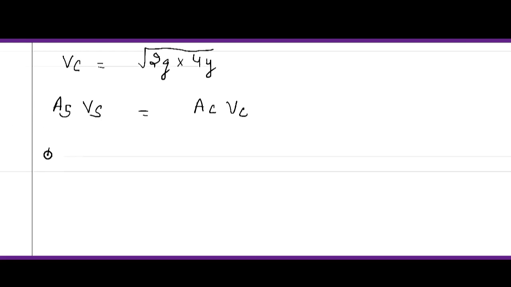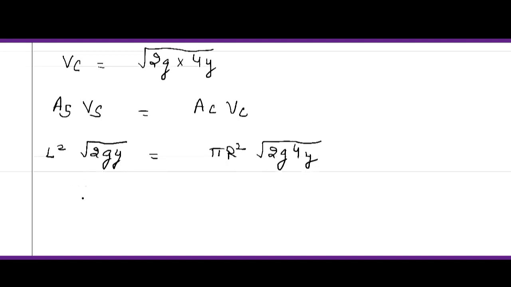Now As means area L square, and velocity is root 2gy, is equal to area pi r square into root 2g 4y, and from here we can calculate the value of L square is equal to pi r square into 2, right?